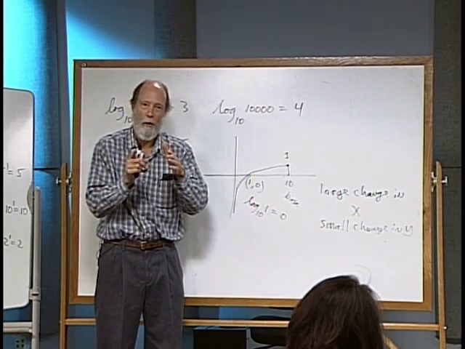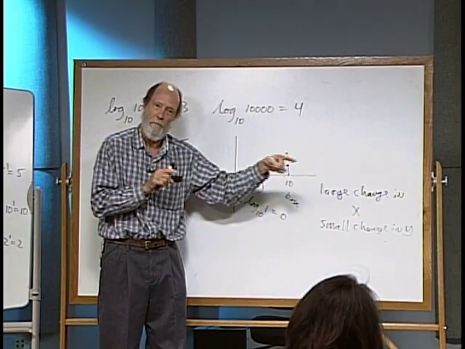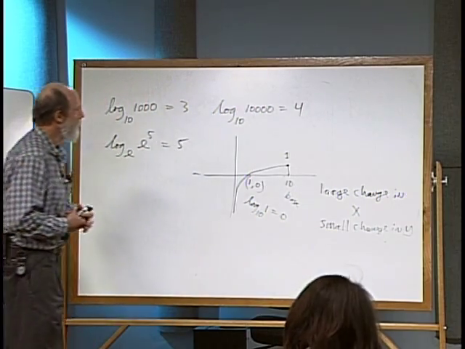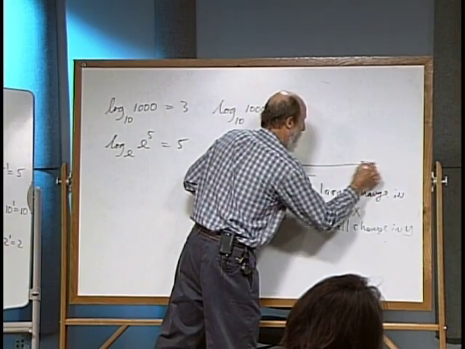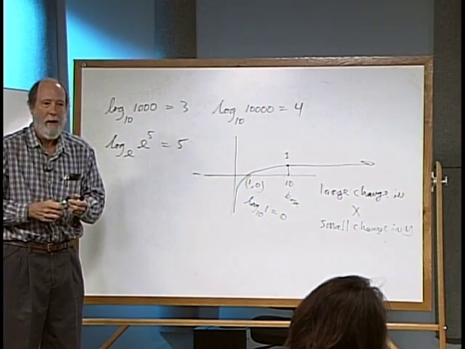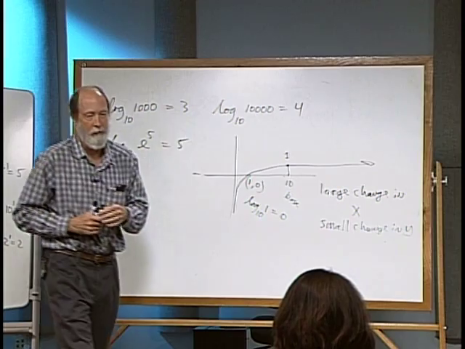So logarithmic scales base 10 change as multiples of 10. This thing really goes out fast and it rises very slowly. That's important. Let's look at a couple other things and then we'll start doing some practical problems in the time that remains today.